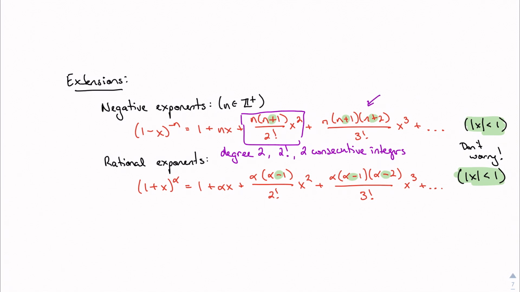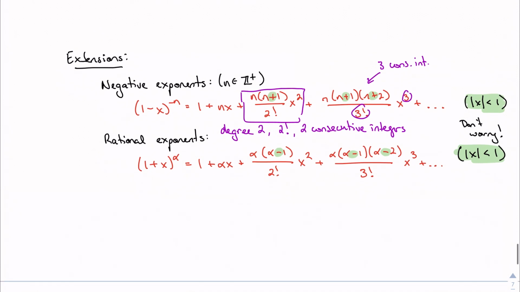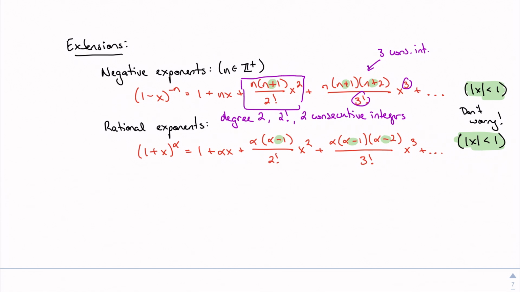I have degree 3, I have 3 factorial, and I also have 3 consecutive integers multiplied together. Likewise with the rational exponents, except they're no longer integers because I'm dealing with rational numbers. But you still see I've got degree 2, 2 factorial, and the product of 2 numbers. Degree 3, 3 factorial, product of 3 numbers.